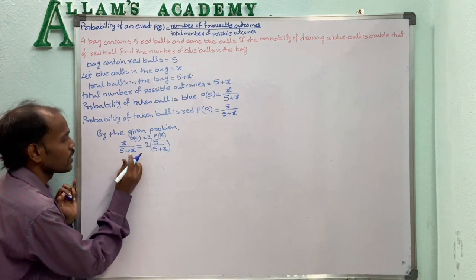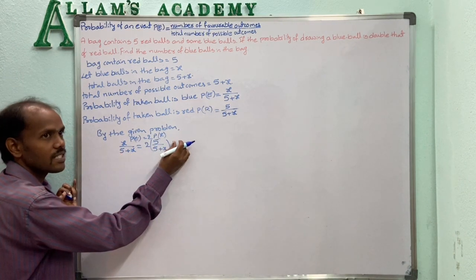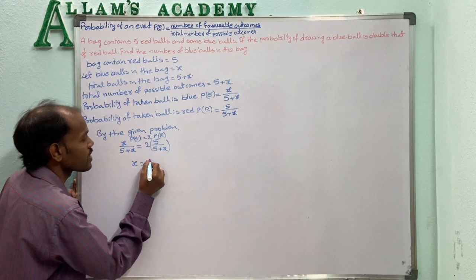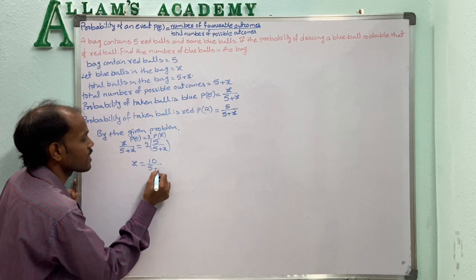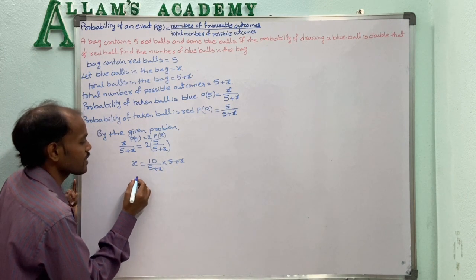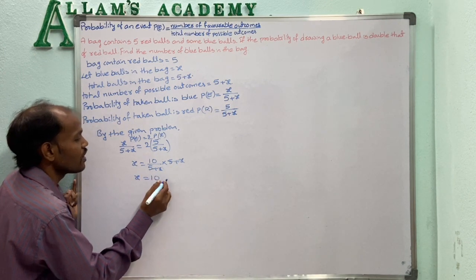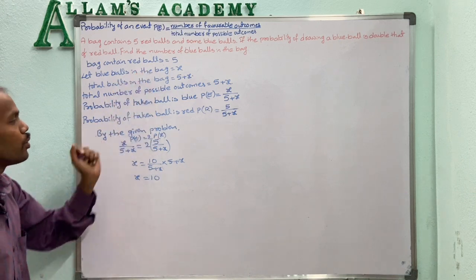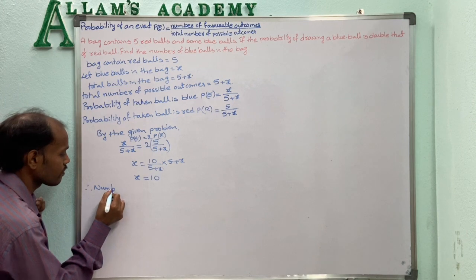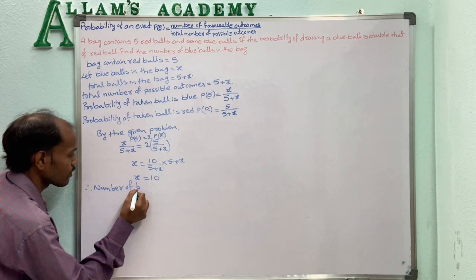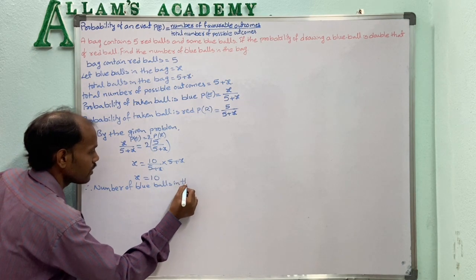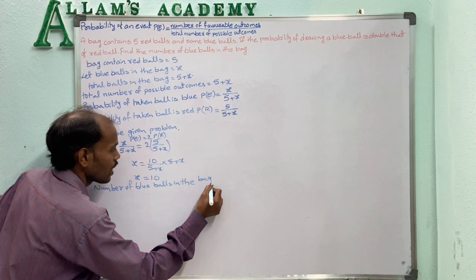So here the denominator 5 plus x transfers to the other side, RHS, as a product. So 2 fives are 10 by 5 plus x into 5 plus x. 5 plus x, 5 plus x gets cancelled, that is nothing but 10. So this 10 represents blue balls. Therefore the number of blue balls in the bag are 10.